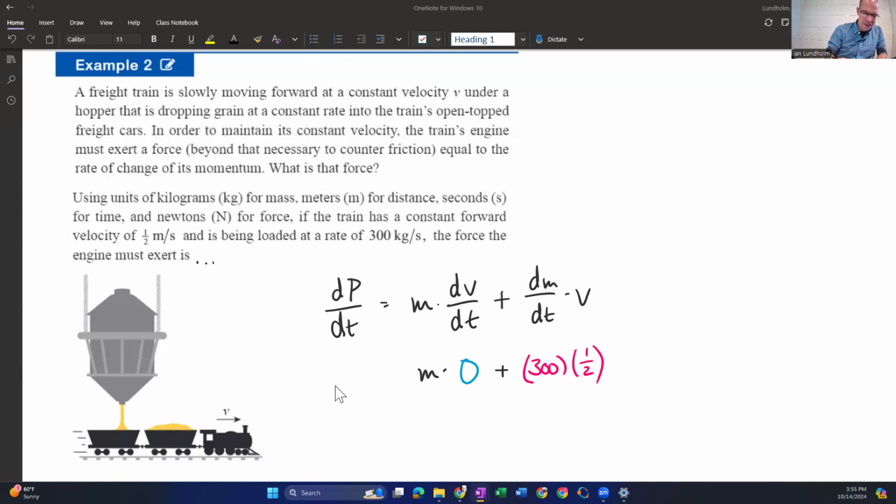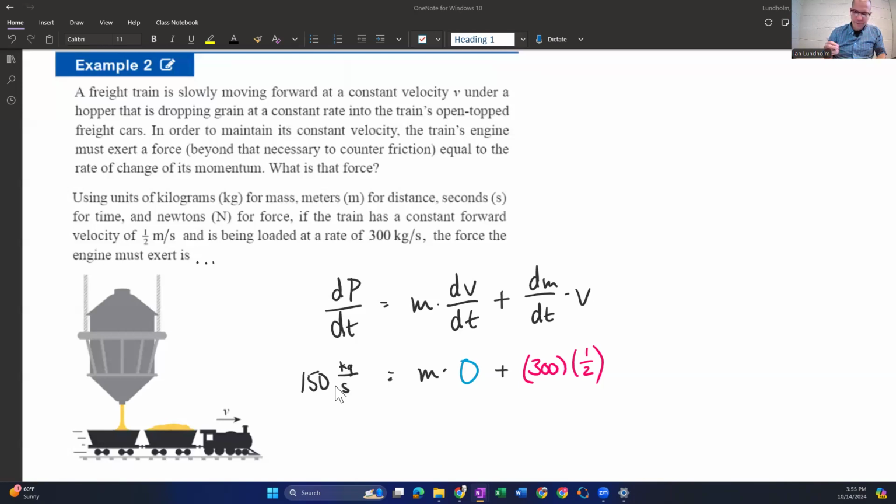But what that tells us is that the overall force being applied should be 300 divided by 2. It should be 150. If we were going to really try to do a good job with the units here, that would be kilograms per second.